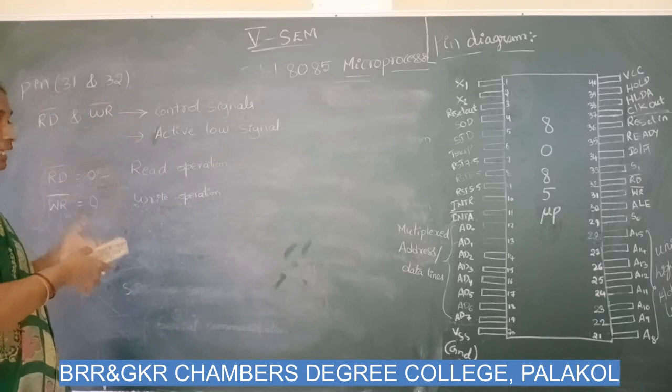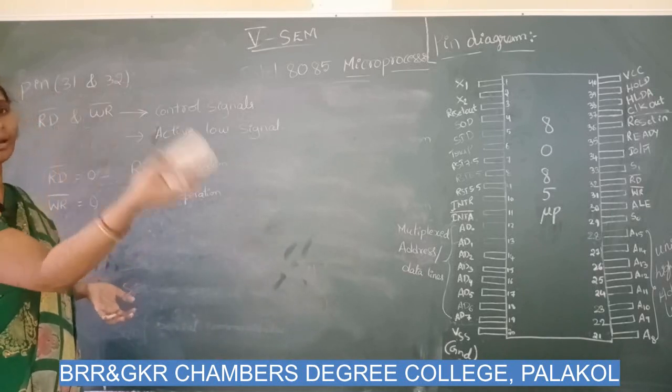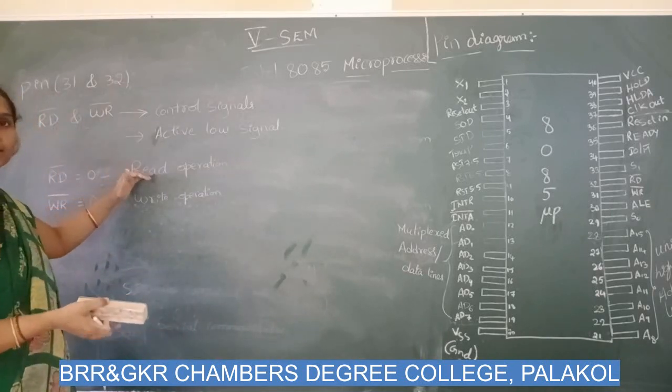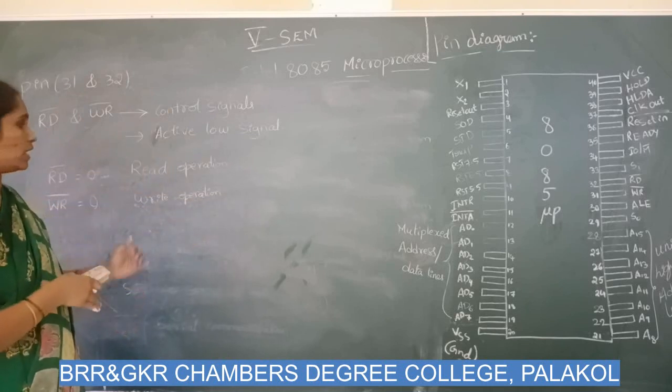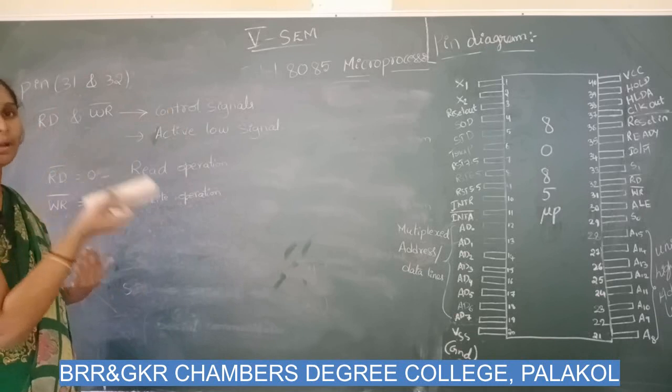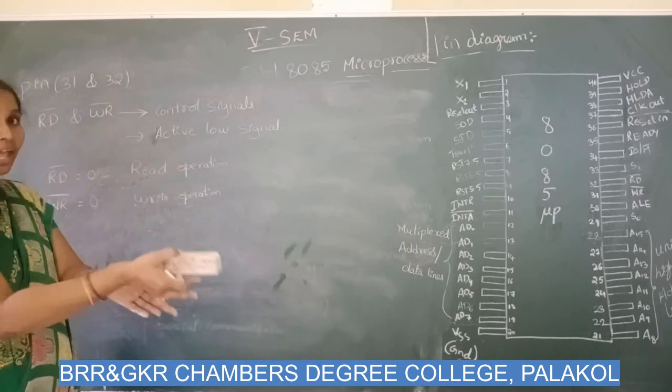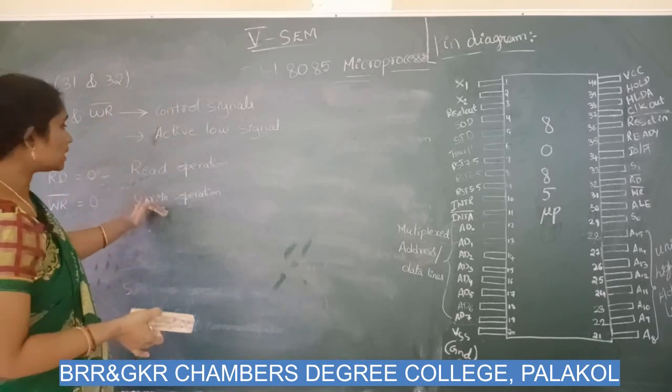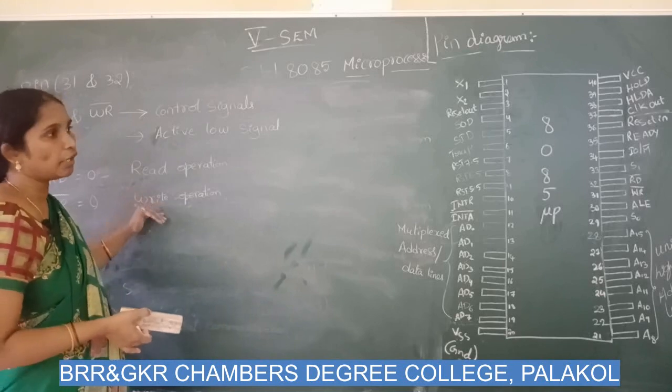That means it is from microprocessor to memory. So here, read operation is nothing but memory to microprocessor, and write operation is nothing but microprocessor to memory. That means it will store the data in the memory. That is the write operation and read operation.